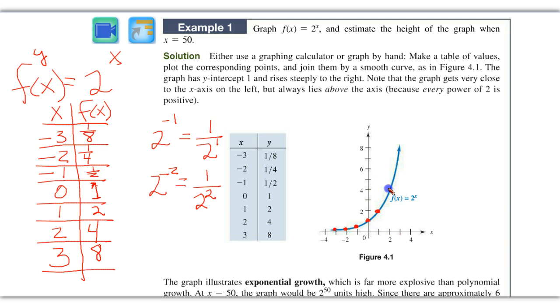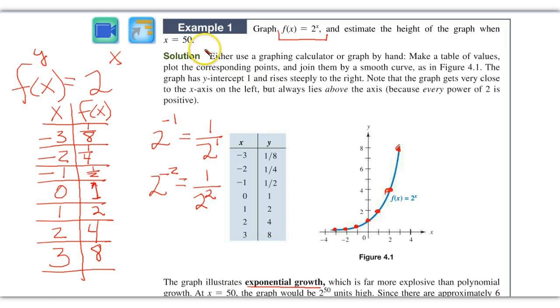And this is at 4. And this is at 8. So you get this nice curve. So this is one you want to have in your notes, and you want to know how we got it. Well done here. This shows what we said before, exponential growth.